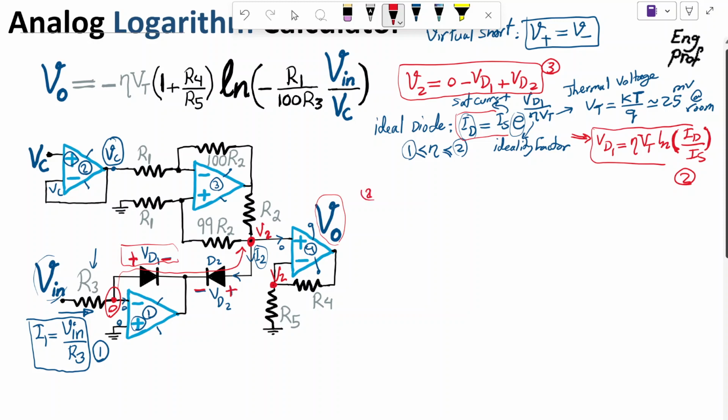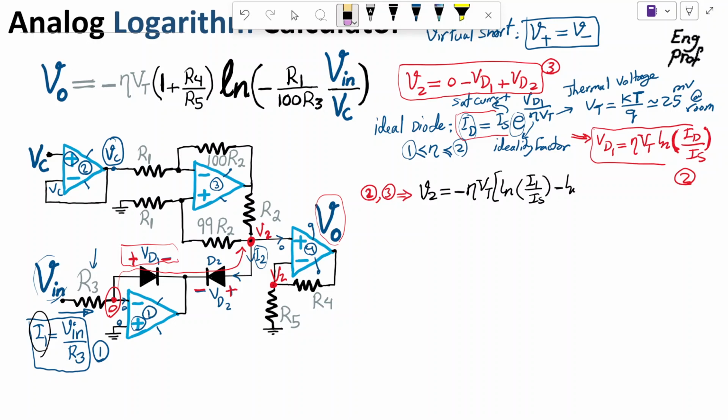So using equations 2 and 3, I get V2 is equal to negative VD1, which is negative eta VT, so let's factor out negative eta VT, and then we have ln, the natural logarithm of ID1, which for the first diode is simply I1 flowing, divided by IS, and for the second diode plus VD2, well, we are factoring out a negative sign outside, so we're going to have negative natural logarithm of I2 over IS.